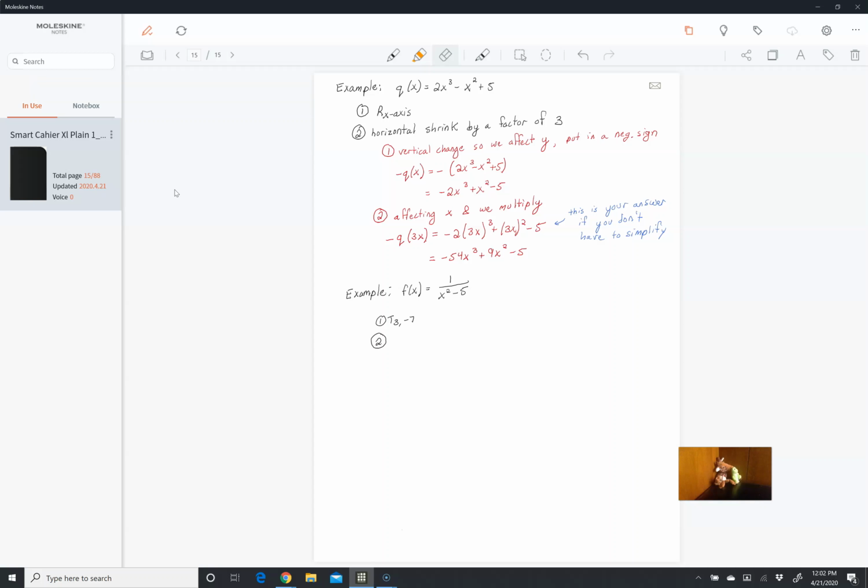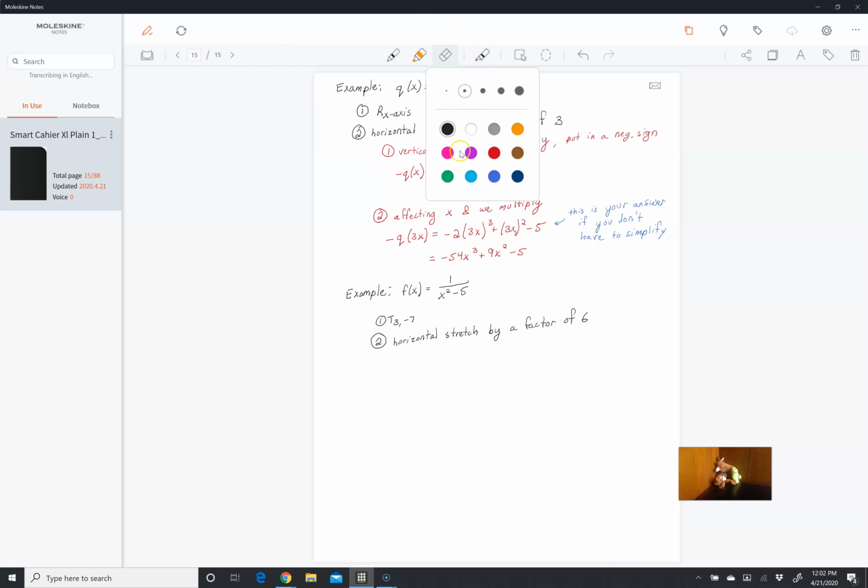And then let's horizontally stretch by a factor of 6. Okay, so the first one should be your easiest one.